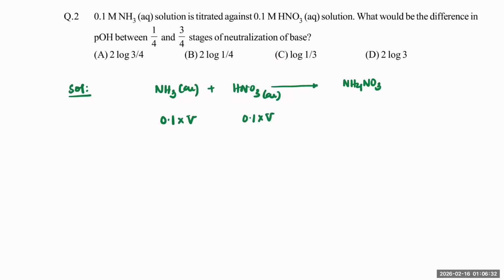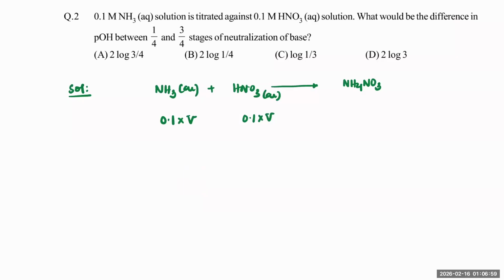Obviously, because the concentrations are same, we expect the same amount of volume should be used for a complete neutralization. But now what is being asked is the difference in pH between the 1/4 stage and the 3/4 stage, which means when 1/4 of this is consumed and when 3/4 of this is consumed.